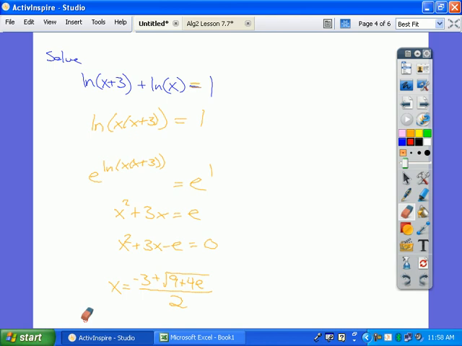And there's our solution. That may be one of the ugliest solutions we've ever seen, but this is it. X equals negative 3 plus the square root of 9 plus 4e, all divided by 2. And that represents a decimal number like 0.79, something like that. But that's it. This is our solution.